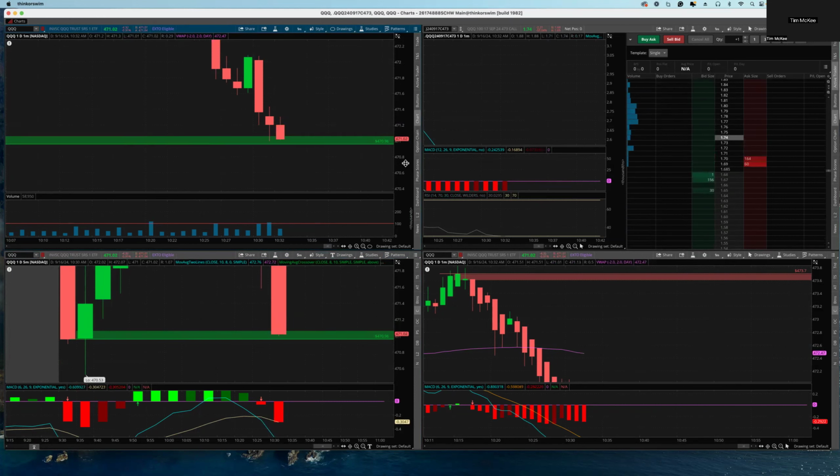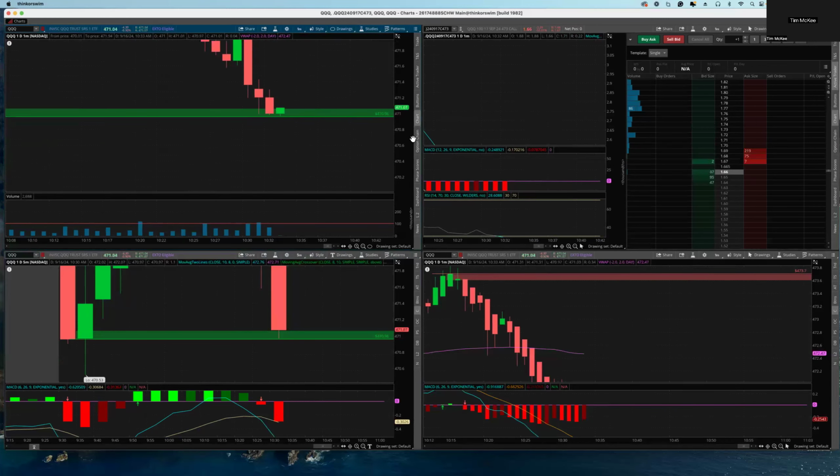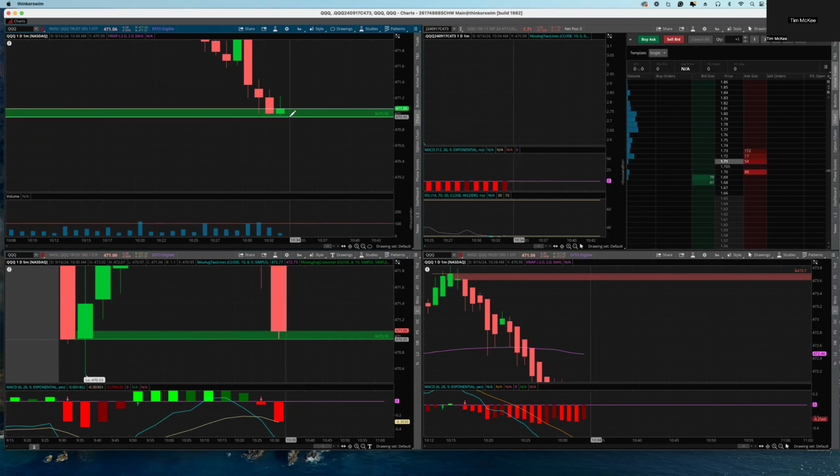All right, trying to break through the demand zone. Bias on the longer term charts has definitely gone red. See if we're going to bounce off of, see how price came right down to the price level.